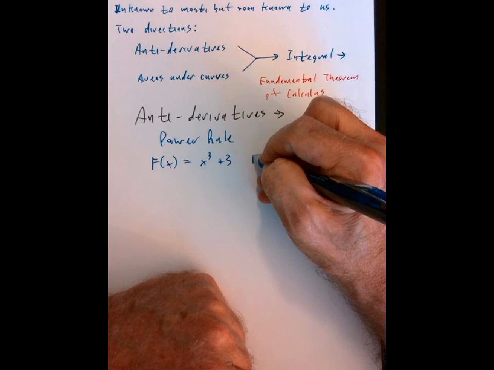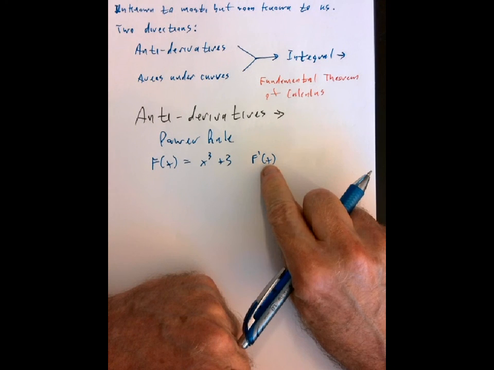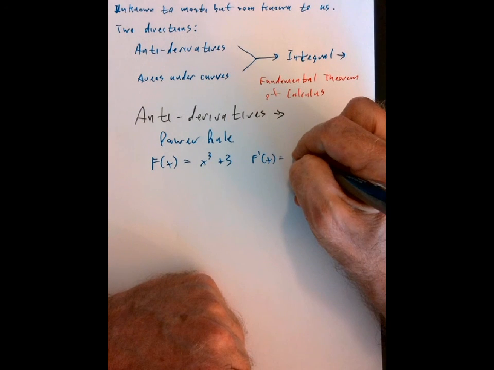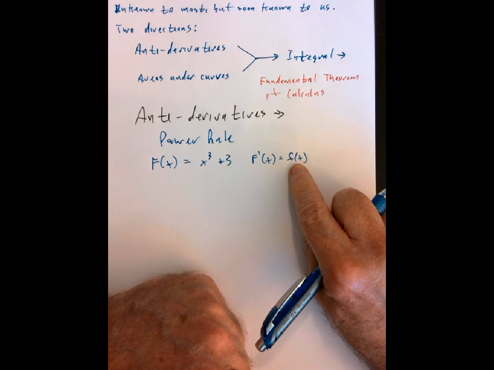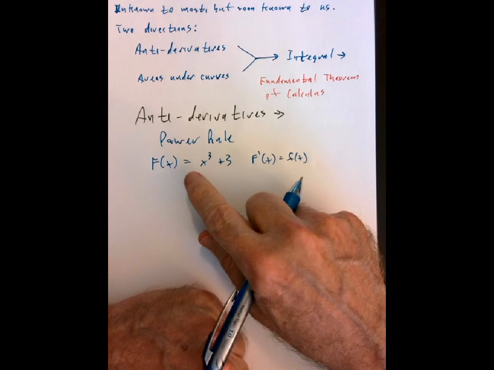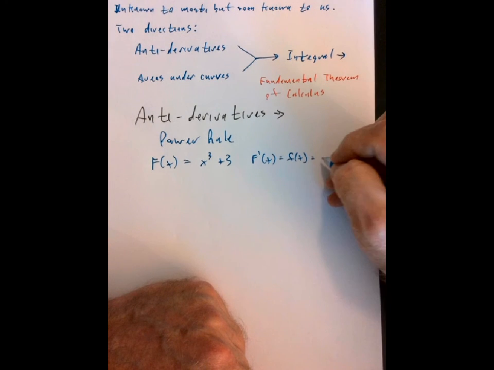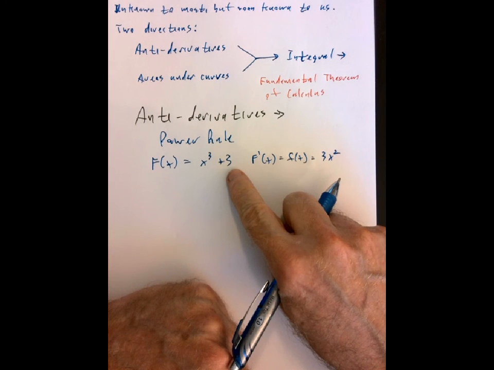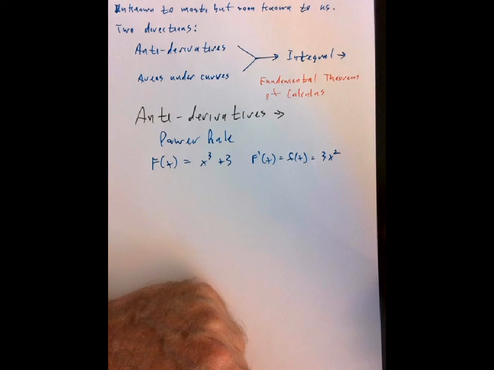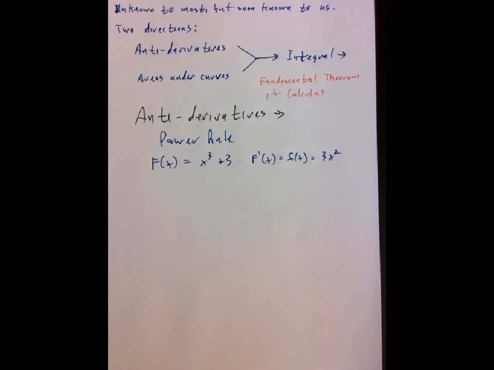That would mean, and one way to write it was like this, F primed of x, and I'm going to write this another way. I'm going to write little f to represent the derivative of capital F. In other words, F primed. And of course, using our power rule, that was 3x squared. And of course, the 3, being a constant, its derivative is 0. So the derivative is just equal to 3x squared, right?